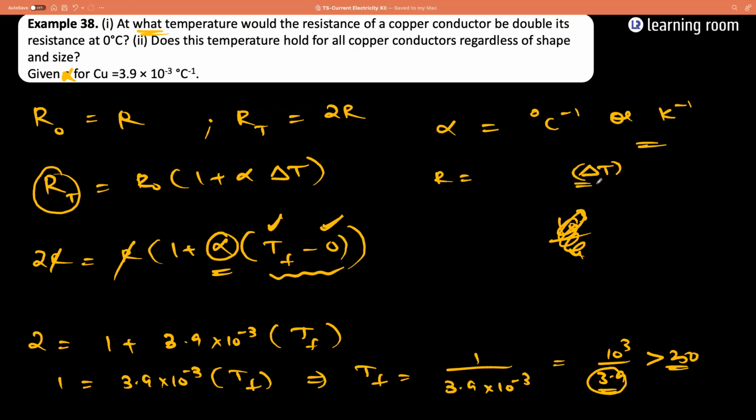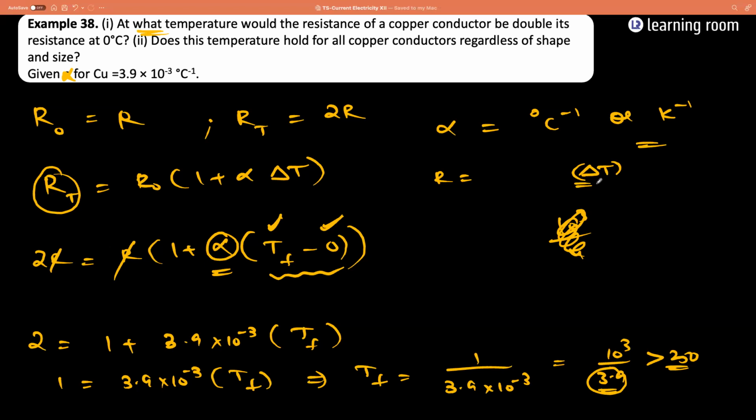So whether you write the temperature in degree Celsius or Kelvin, the change is going to be the same value. Yes, sir, it gets cancelled. So based on that, you need to do. If there is a problem, I'll explain how to do it.